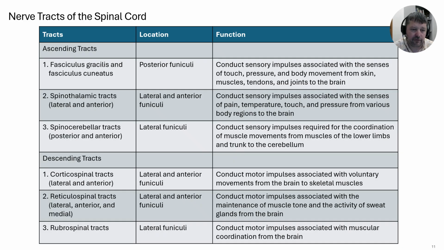The reticulospinal tracts are associated with glands typically, and maintaining tone. And then the cerebrospinal tracts are coordinations from the brain. So impulses for coordination of the brain.